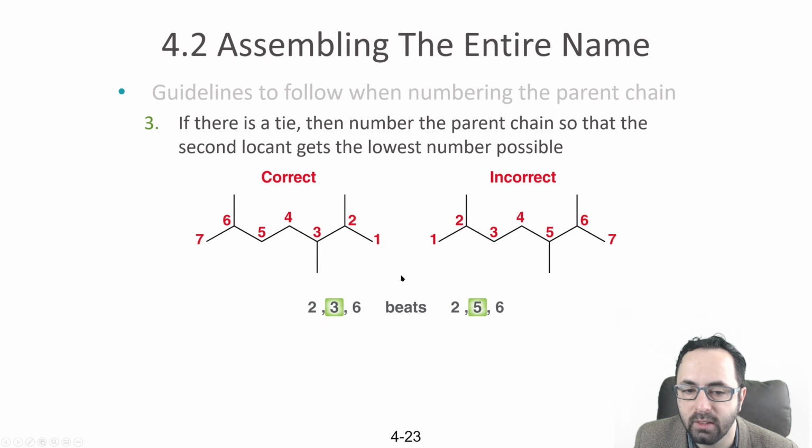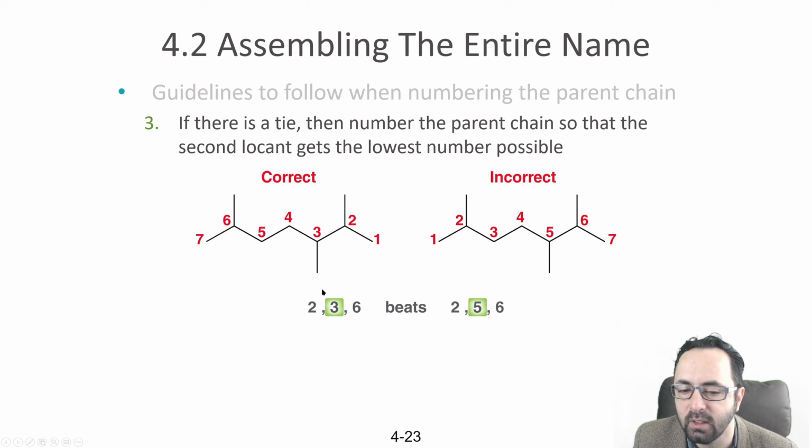So here's an example where you have a tie for the first number. If we number from right to left, 1, 2, 3, 4, 5, 6, 7, we hit the first branch at carbon number 2, and we hit the second branch at carbon number 3. And the third branch is at carbon number 6. If we number left to right, 1, 2, 3, 4, 5, 6, 7, we hit the first branch at number 2 as well.